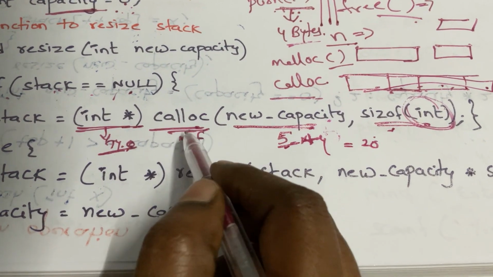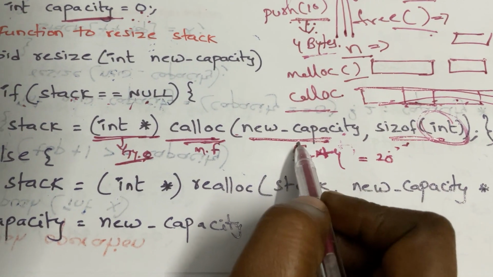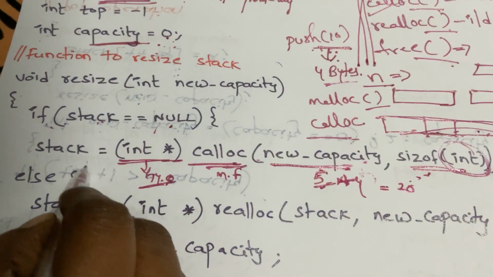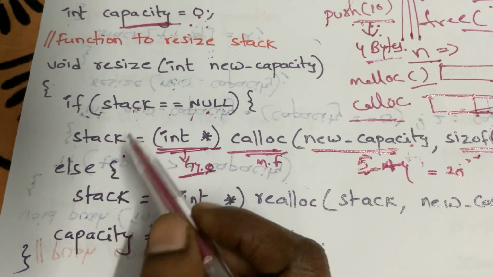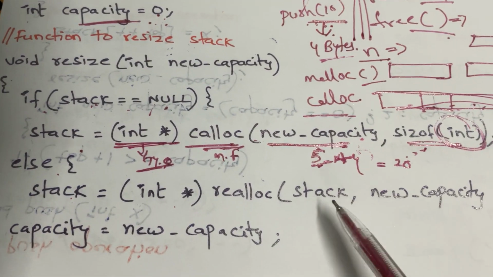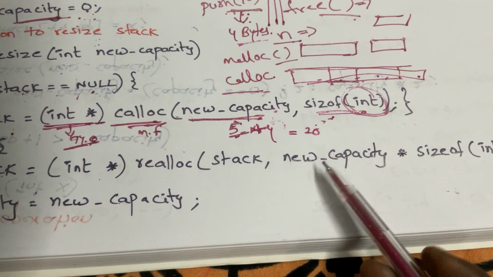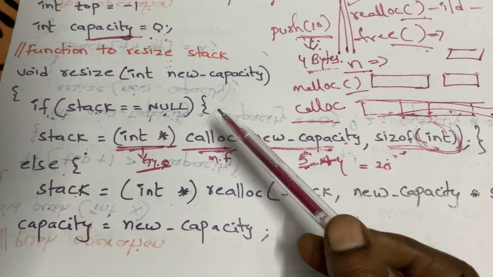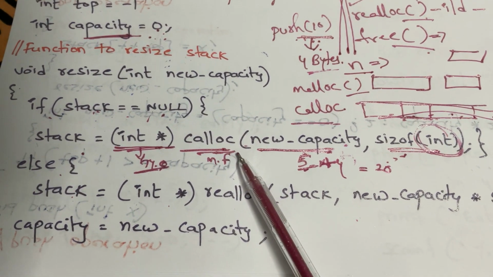This actually returns a pointer. I have to typecast it to the stack, correct? So I took int star. Now, else stack is equal to int star realloc stack, new capacity into sizeof int. What does it mean? When initially stack is equal to null, I am just creating memory.